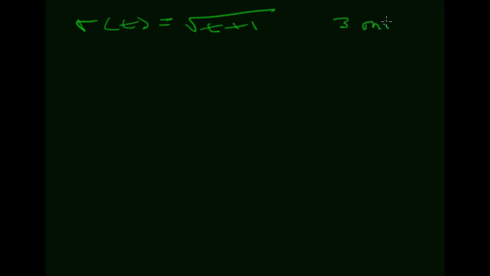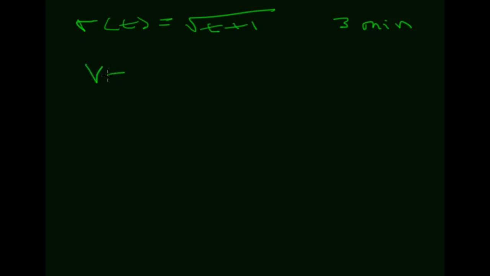Let's say it's leaking out at cubic centimeters, and how much has leaked out over 3 minutes? Now this is pretty real because this thing is going to continue to leak out, but at the end of the day, the rate at which it's coming out is changing over time.